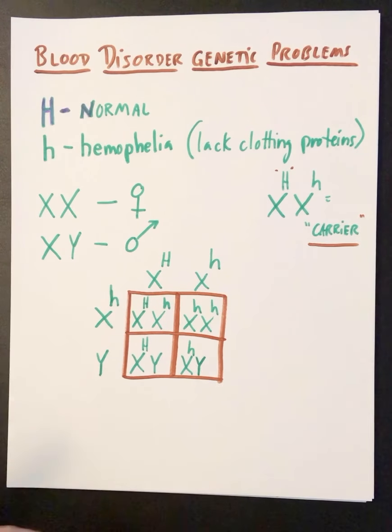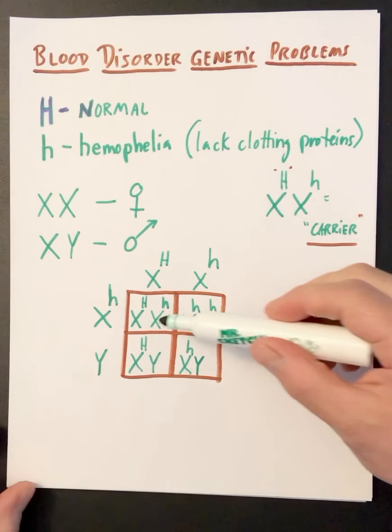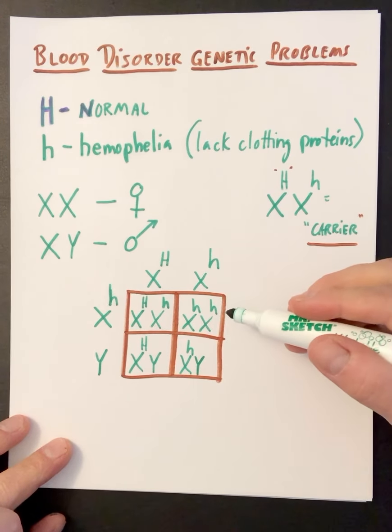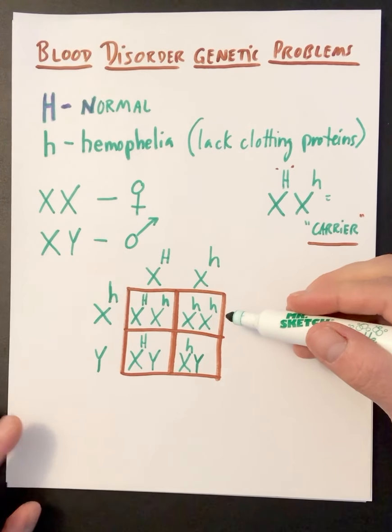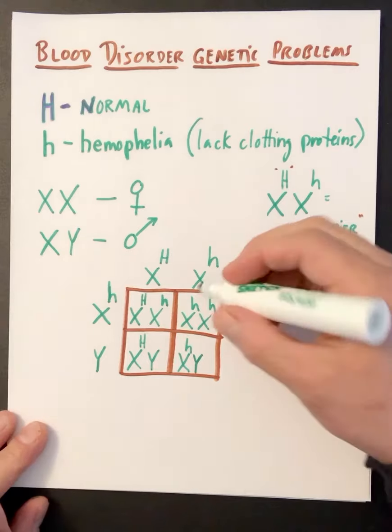Okay? So the question asks, what is the probability that she will have a daughter with hemophilia? Well, first off, how many out of the 4 are going to be daughters? These 2 here, right? So right away, 2 out of 4 will be daughters. And then how many will be hemophilia? Right here.